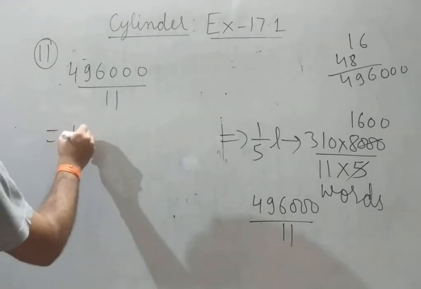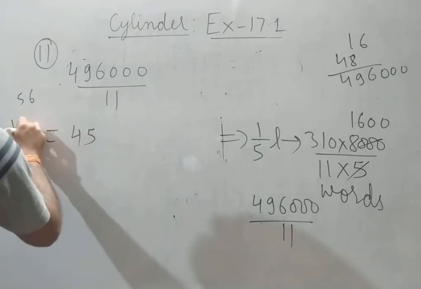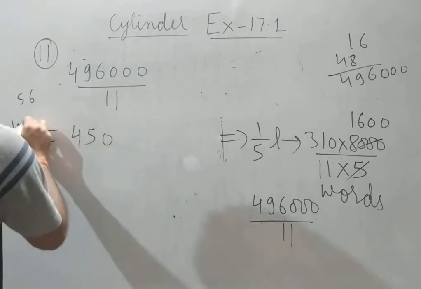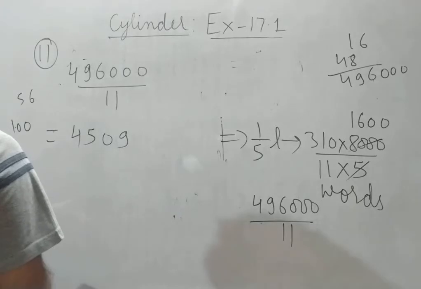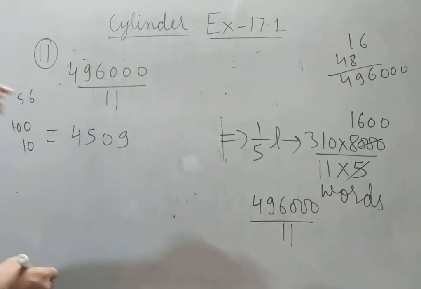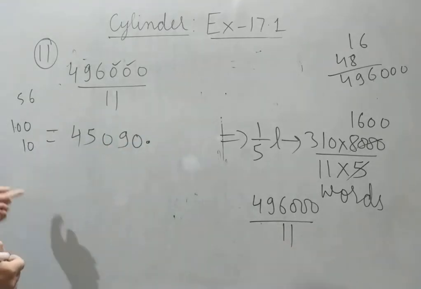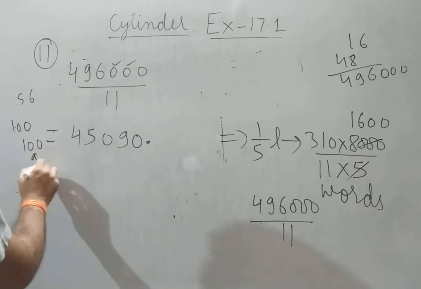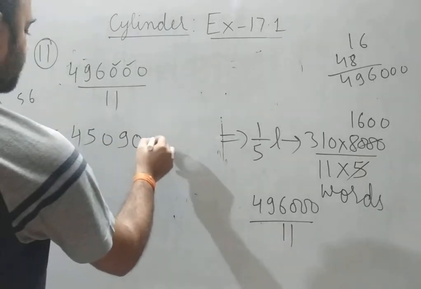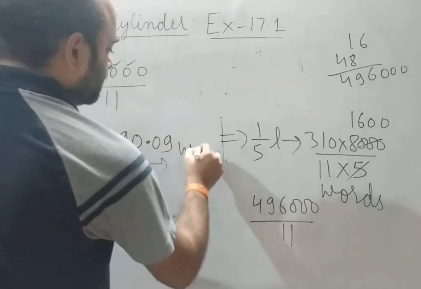First of all, this will be 4, 5, 9, and 0.09 will come. Words.